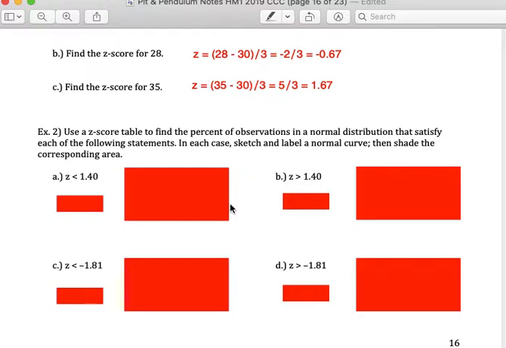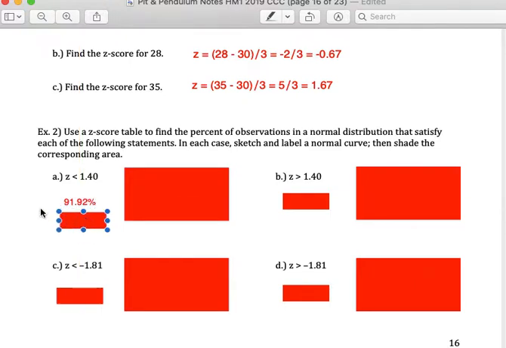So these are inequality signs. I want to know a z-score less than 1.40. So what percentage is less than that? So we're going to go from 1.40 to the z-score table. Find the positive side of your z-score table, go to 1.4, and then you're going to be in the 0 column.